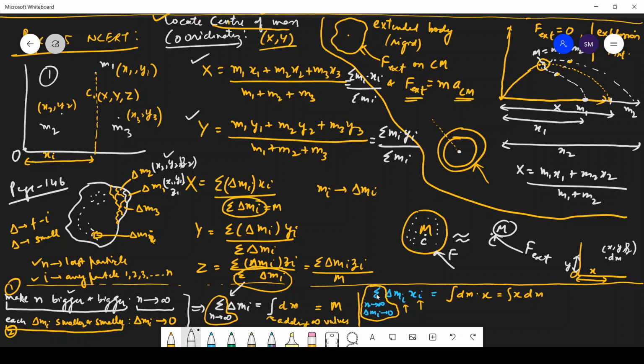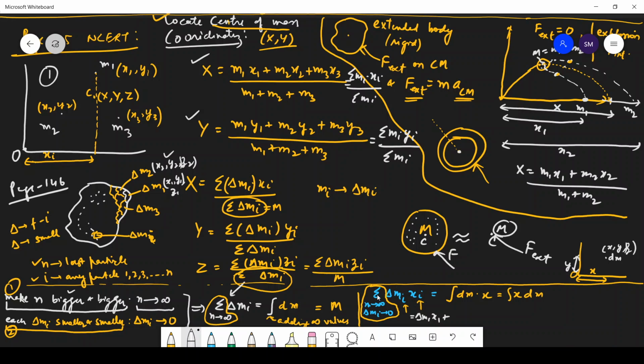Because here, why was I writing i? That's a very good question. I was writing i because, see, I will write it as x_i, where i ranges from 0 to n, suppose. So I will be replacing i with 1, so delta m1, and this i with 1, plus now i is equal to 2.